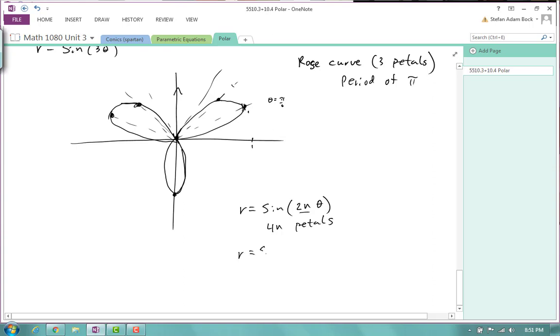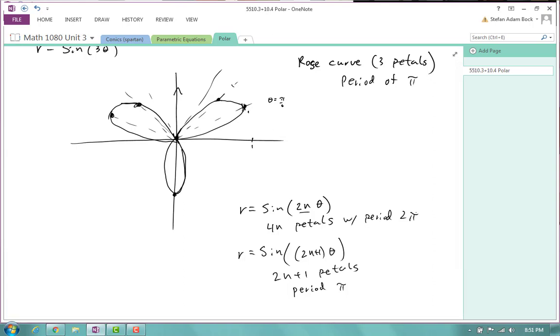However, if r is equal to sine of (2n plus 1) theta, so if I have an odd number of petals, then I have exactly that many petals, and the period is only pi. Which helps to tell you what kinds of things you can expect if you're graphing something, just in case you find a mistake to catch.